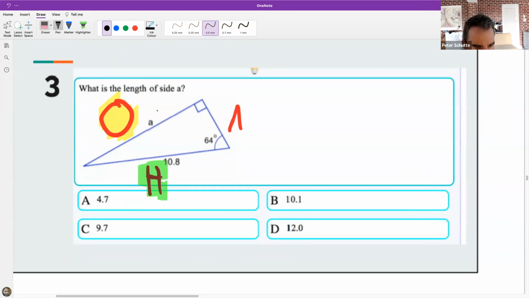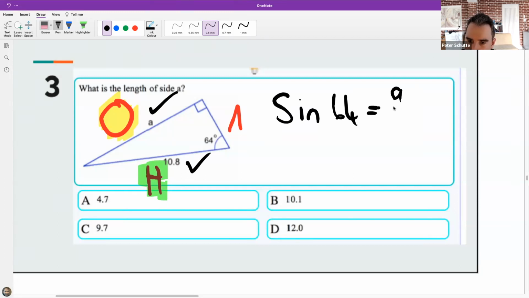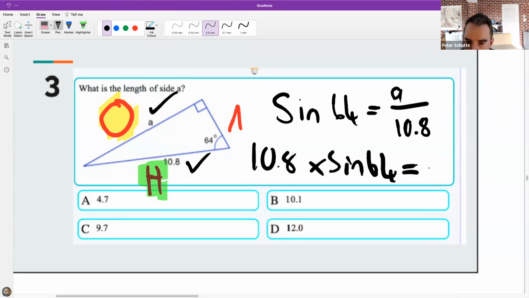So for me, what involves O and H? It's going to be sine, because I've got to use this side and this side. Maybe ticking is a helpful thing to do. So you tick the 2 sides that you know are involved, and I'm going to get the sine of 64 is equal to O, or in this case, it's little a, which is a bit confusing, I guess, over 10.8. And then I know 10.8 times the sine of 64 is A.